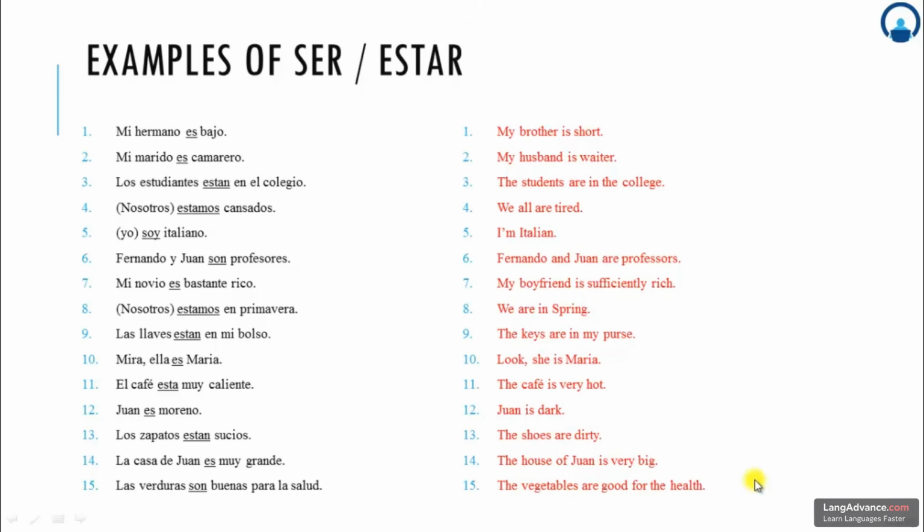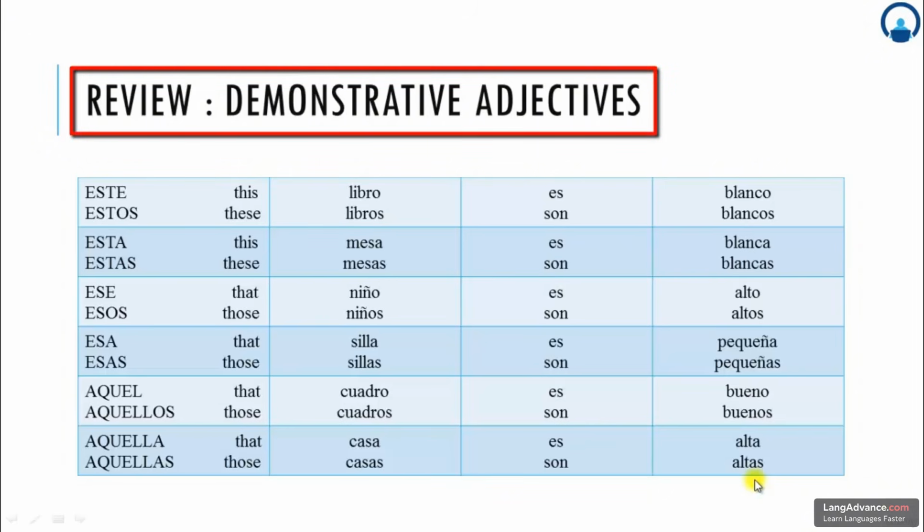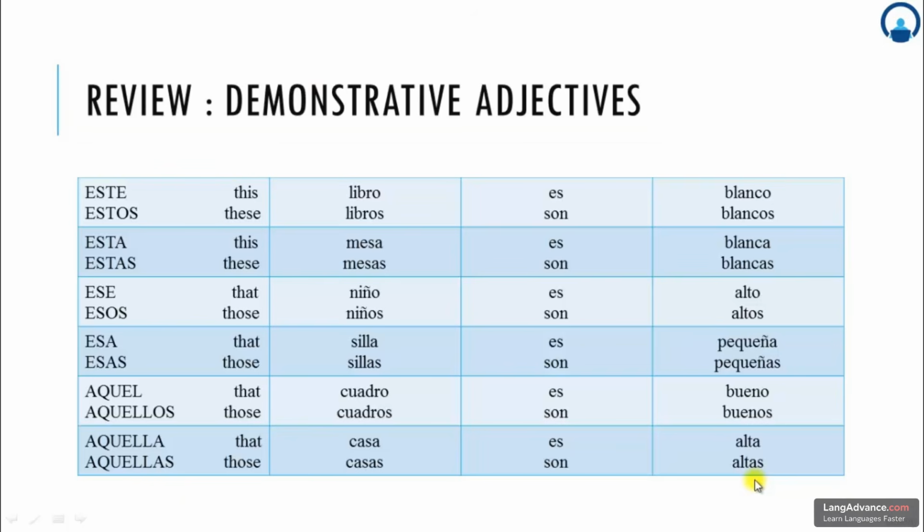Just like we have reviewed ser and estar, we'll check the demonstrative adjectives one more time. We'll see the demonstrative adjectives with some examples over here on this table. Este libro es blanco. This book is white. Estos libros son blancos. These books are white.